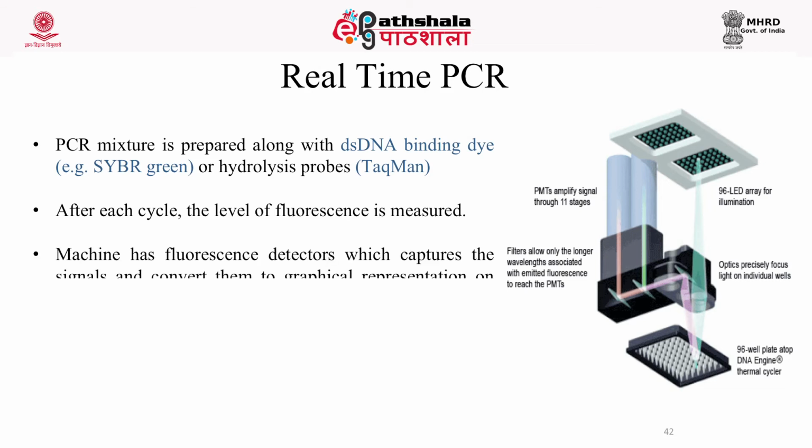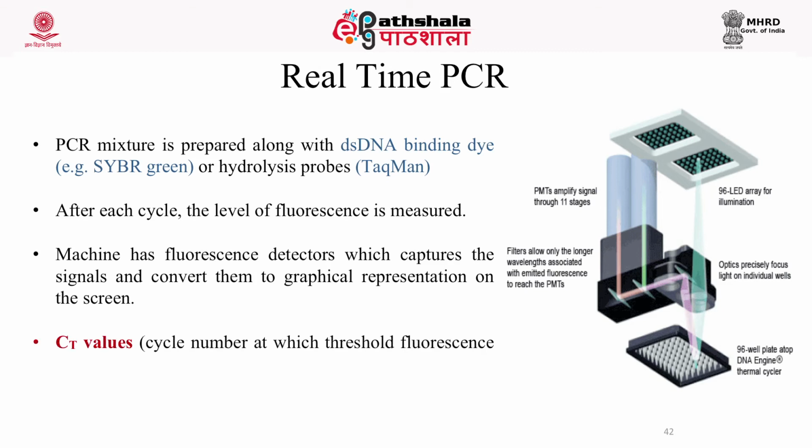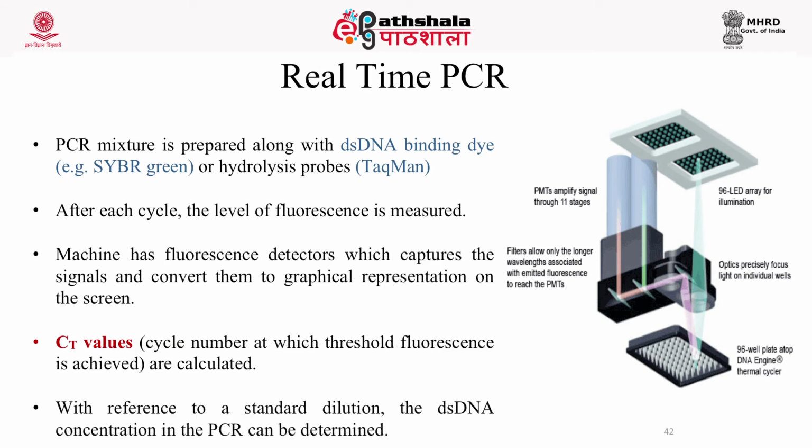The machine has fluorescence detectors which capture the signals and convert them to graphical representation on the screen. CT values, that is cycle number at which threshold fluorescence is achieved, are calculated by the software. With reference to a standard dilution, the double-stranded DNA concentration in the PCR can be determined.